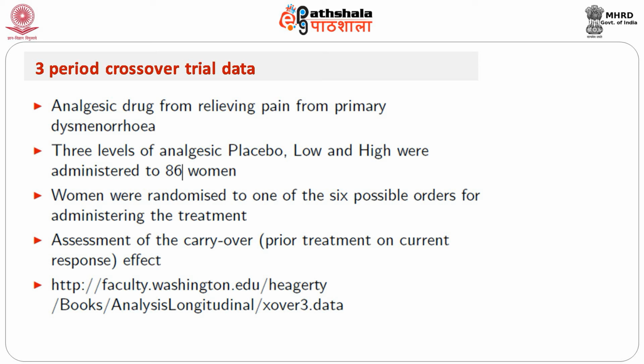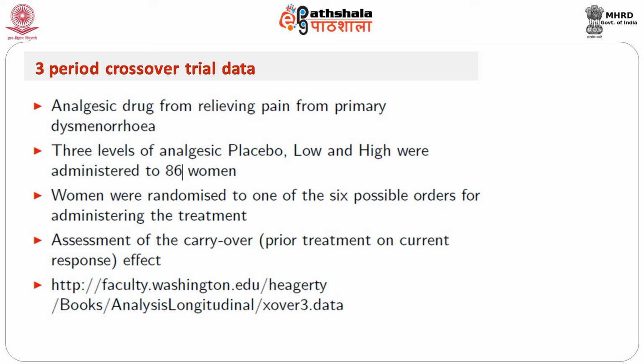The total number of subjects was 86, and the women were randomized to one of the 6 possible orders for administering the treatment. The assessment of the carryover effect and the efficacy of the treatment was the purpose of the study. Now, what is a carryover effect? A carryover effect is the effect of prior treatment on current response.